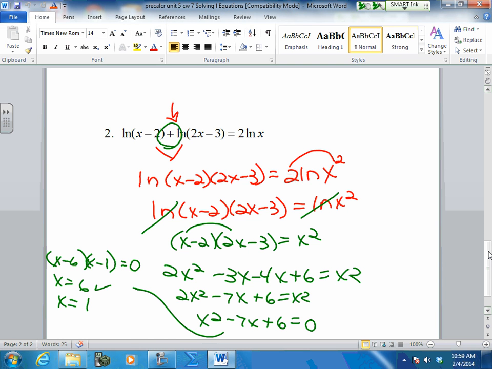Let me check 1. 1 minus 2. Oops, that's a negative 1. See if you can do this. Put ln negative 1 in your calc. What does it tell you? Non-real. Where's your domain for your log? From 0 to infinity.